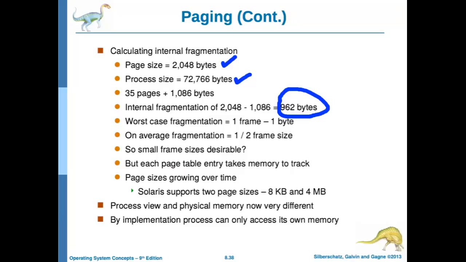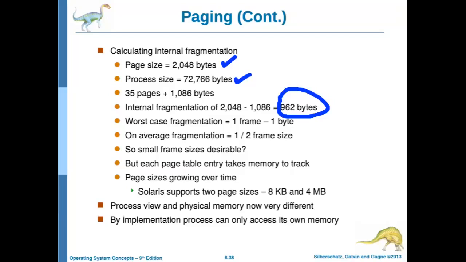Now what will happen in the worst case is very simple. One page is completely utilized and just a single byte is required from the next page. So that is one frame minus one byte, the worst case.